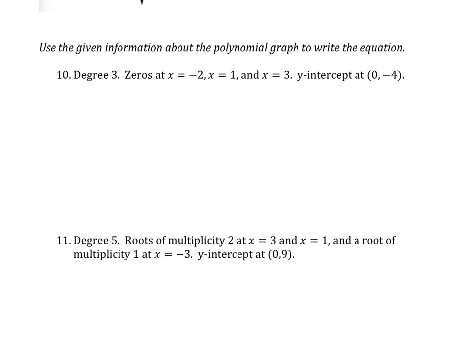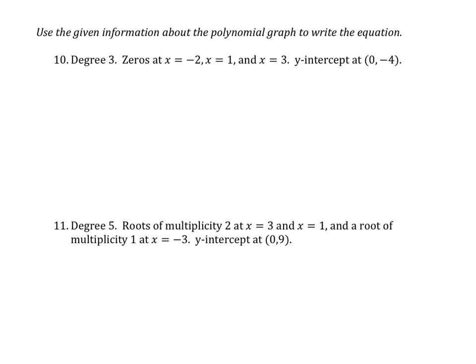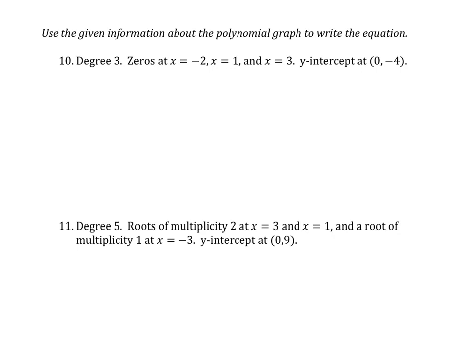Number 10, use the given information about the polynomial graph to write the equation. So this is basically, if you had a graph, someone has already picked all the important information from the graph and given it to you, you're going to do what we did for the graphs. You're going to do the same thing. So we have f of x equals, or let me just go ahead and write y equals a times, I have a 0 at x equals -2.